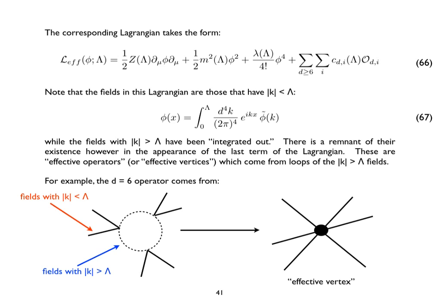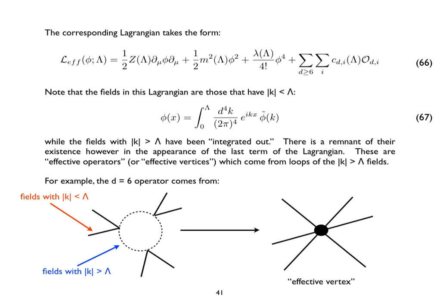So these are the fields that we've cut off the momenta. The effect of the momenta larger than lambda are these terms right here, these operators. O means operator. It's going to be some combination of fields, basically.